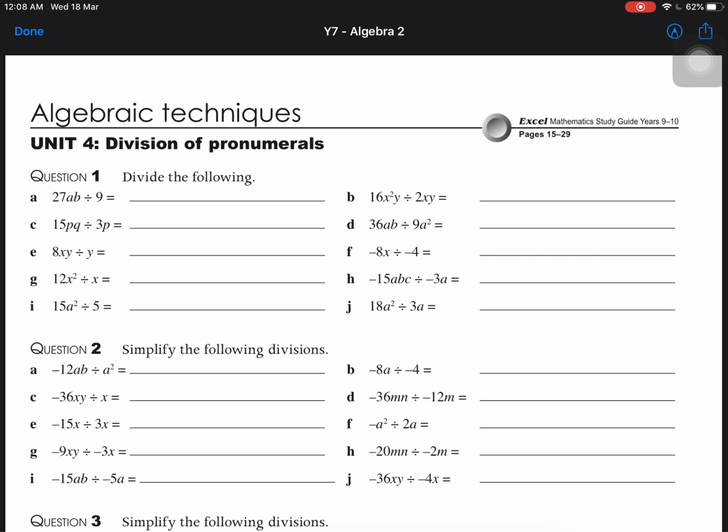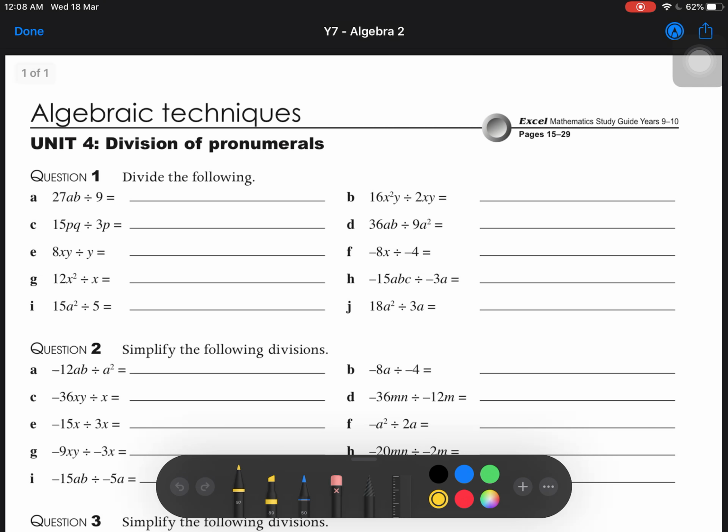Okay, so let's start with question 1. Let me choose question A. If you look at question A, for example, you have 27AB divided by 9. And if I could suggest, the easiest way to deal with this is if you write it in fraction. So you have 27AB over 9.